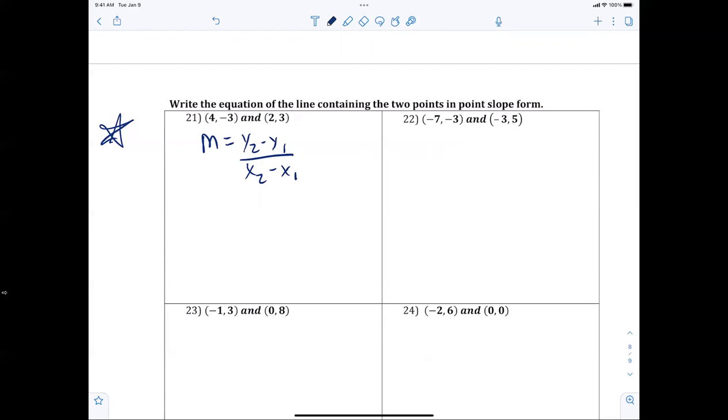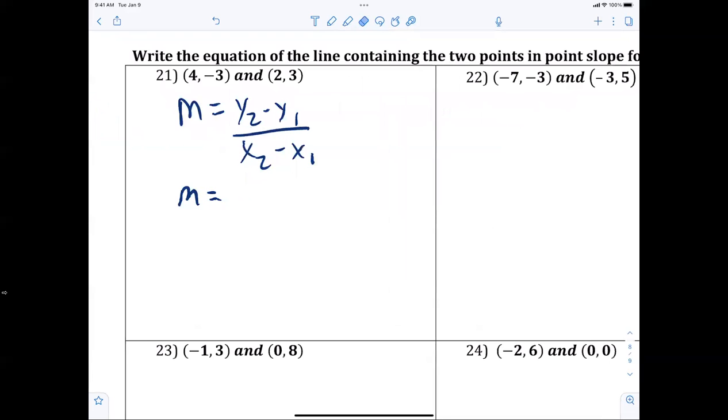So calculate the slope for me. Someone do it correctly. I said correctly. 6 over negative 2 over 0. Oh, this is sad.